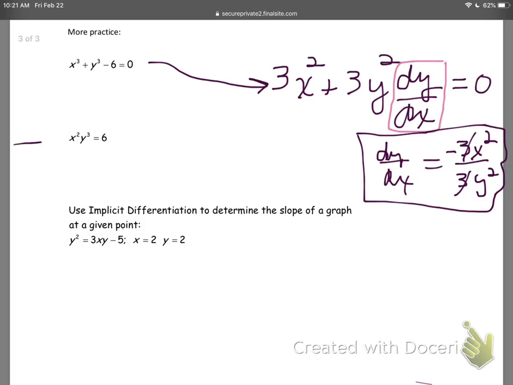Okay, so let's play around with this. Look what I have here. I have function times function. That's going to be product rule. All right, just like we would do normal product rule, we're going to do it here.